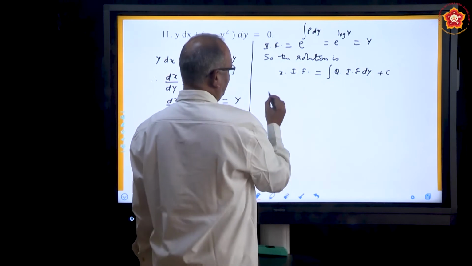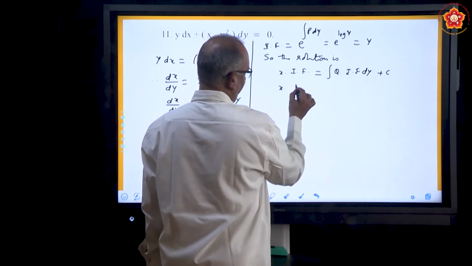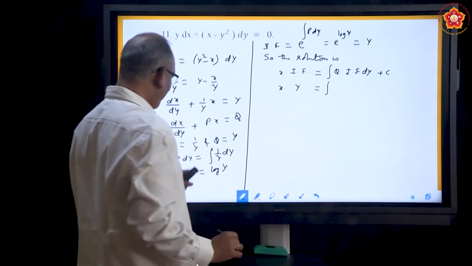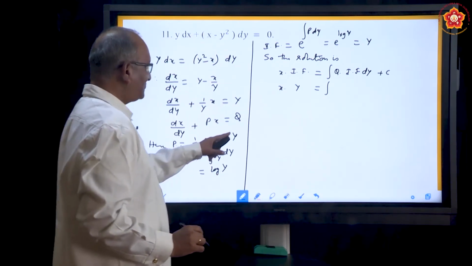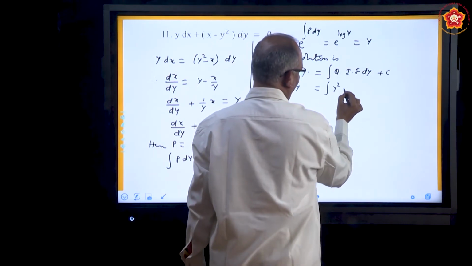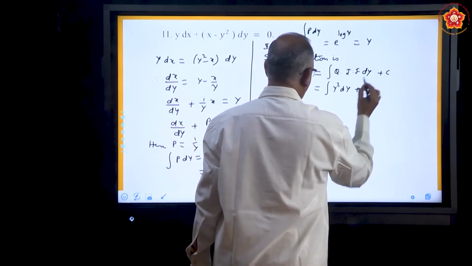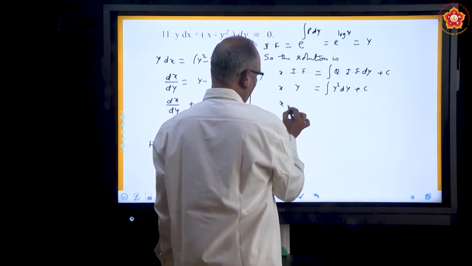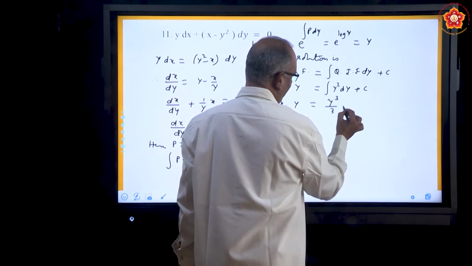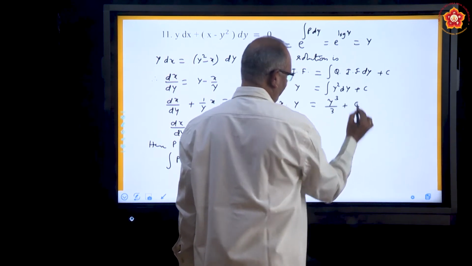So, substitute the values. x into y equal to integral of q, and q is y, integration factor is also y. So, it is y square dy plus c. So, you get x into y equal to y cube by 3 plus c.